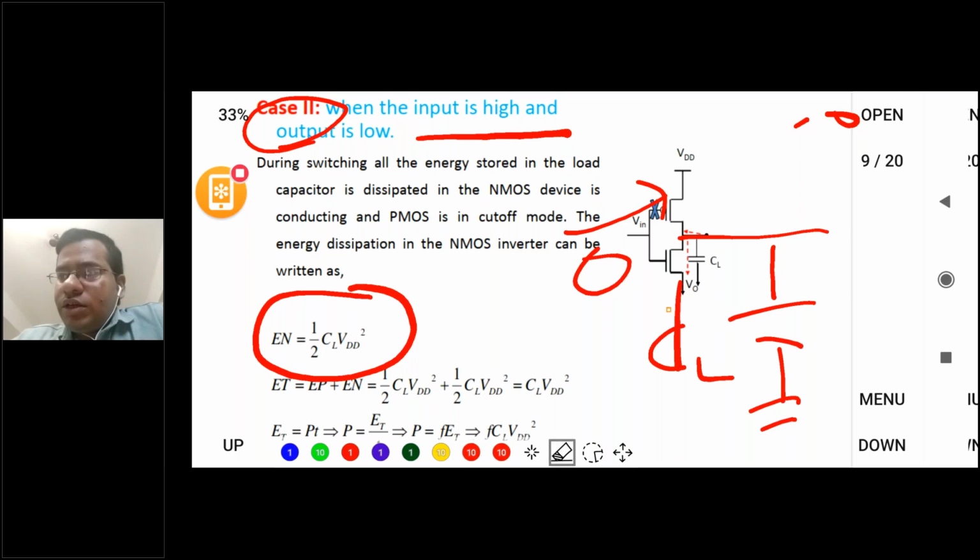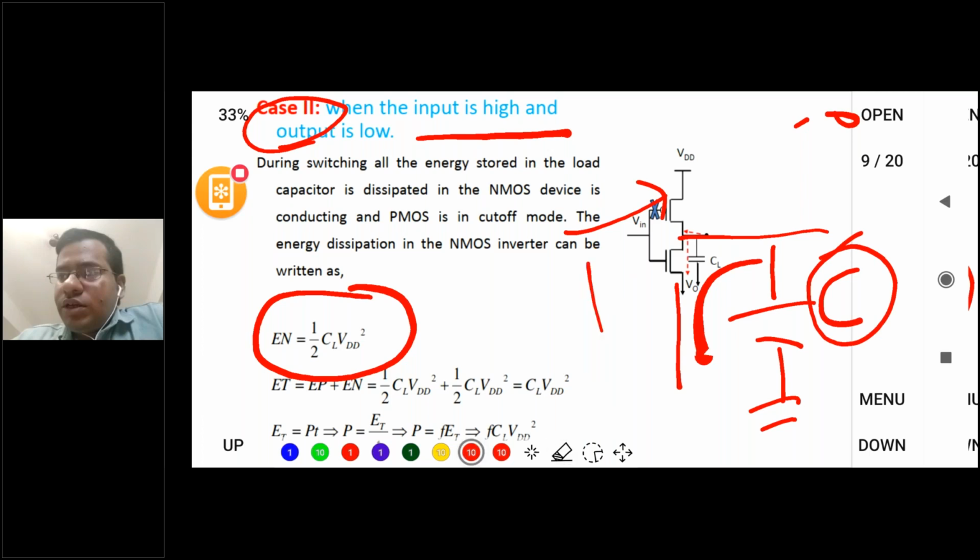If this transistor is on, then your capacitor, which is initially charged, is now reducing its voltage. Whatever voltage is in the capacitor, that voltage is decreased. If the input logic is 1, this transistor is on, that means this node voltage, this capacitor voltage, is decreased.